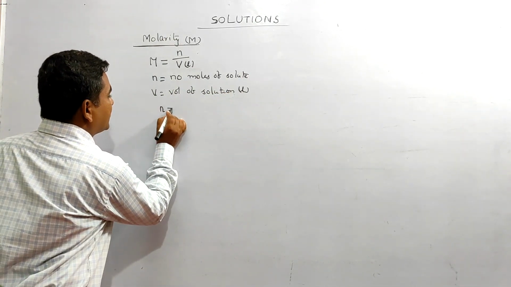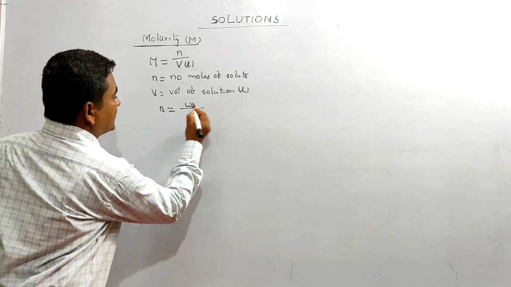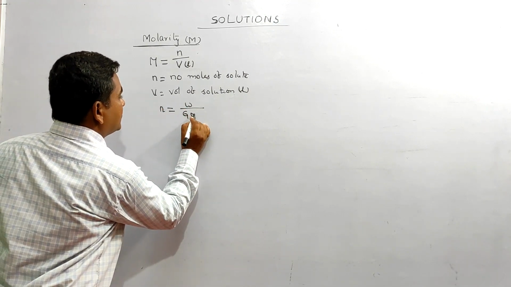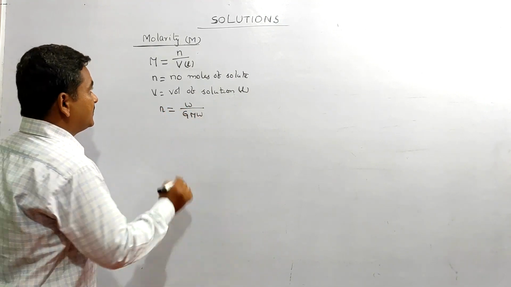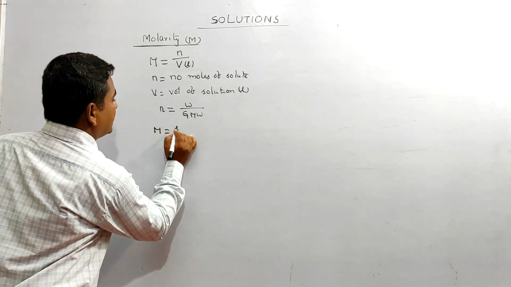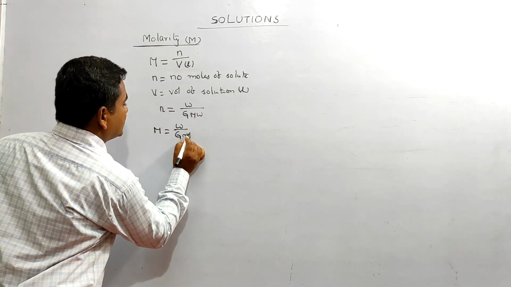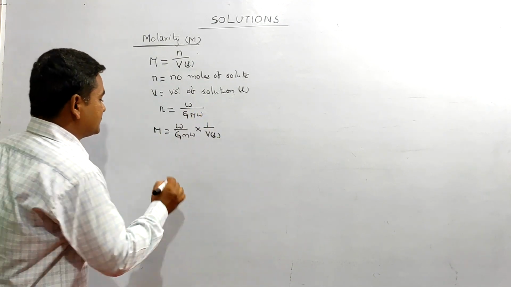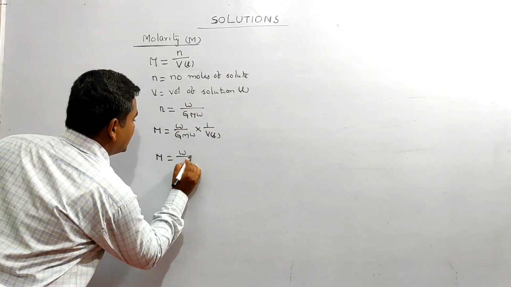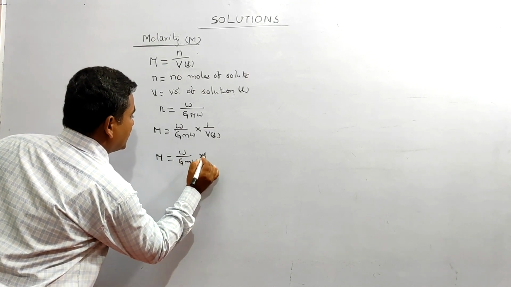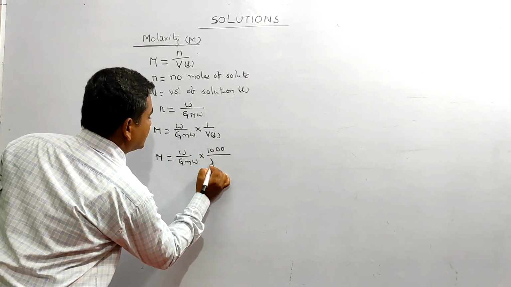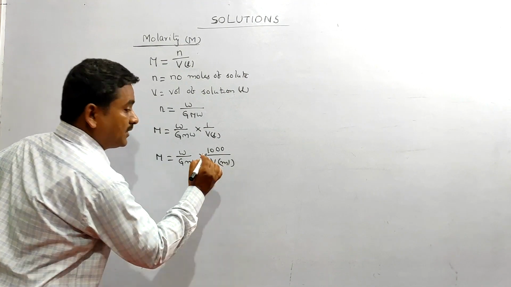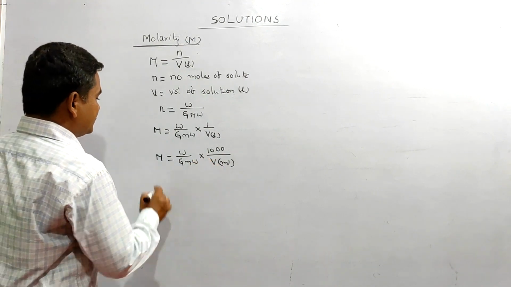Number of moles can be calculated from the formula weight by gram molecular weight. So molarity is equal to weight by gram molecular weight into 1 by V in liters, or weight by gram molecular weight into 1000 by V in ml.